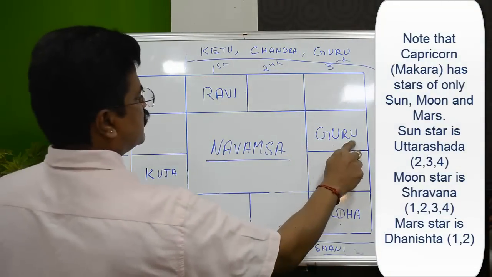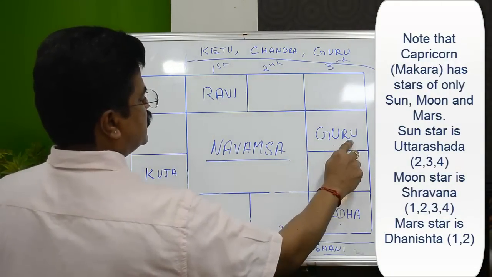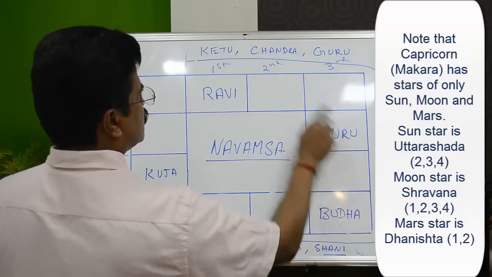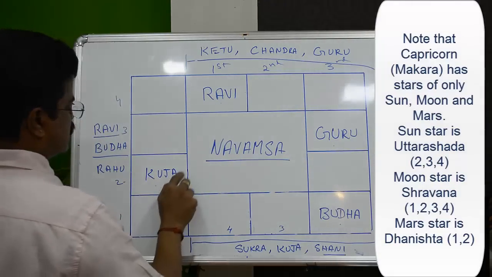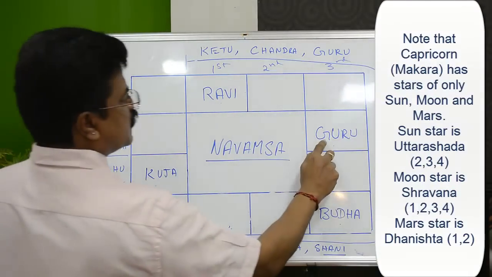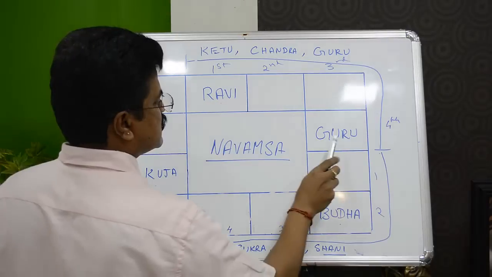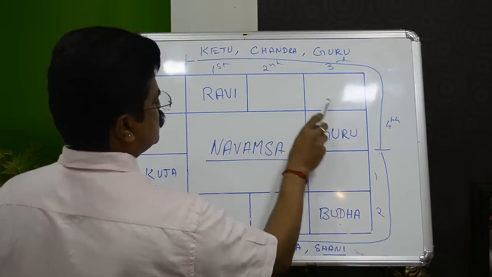So you will know that Jupiter in my horoscope must have been in Chandra star in the 4th pada. The Chandra star over here is called Shravana. So Jupiter is placed in Shravana 4th pada, 1, 2, 3, 4.